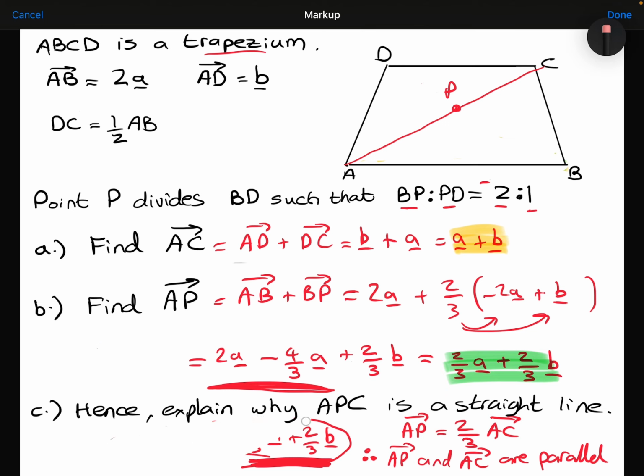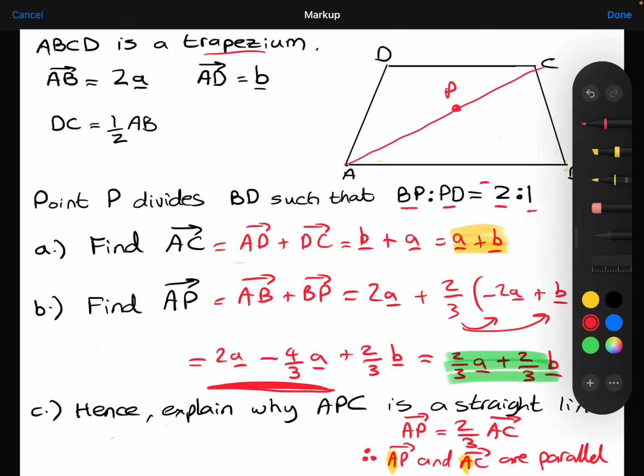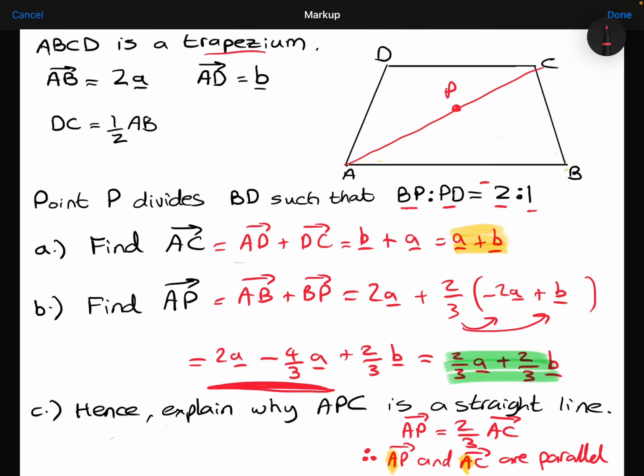Not only are they parallel, they also share a common point. They share the point A. A was included in both of these vectors. And if we have two lines that are parallel, that go through the same point, they must form a straight line. There's no way possible that it cannot.